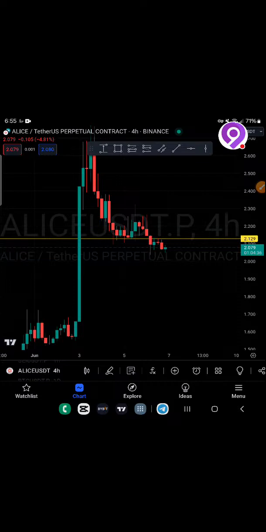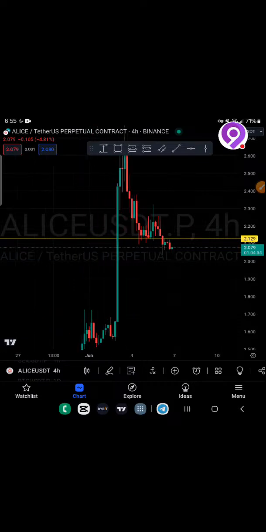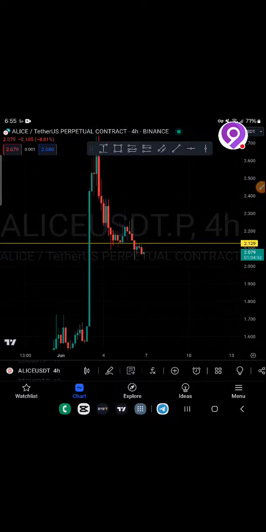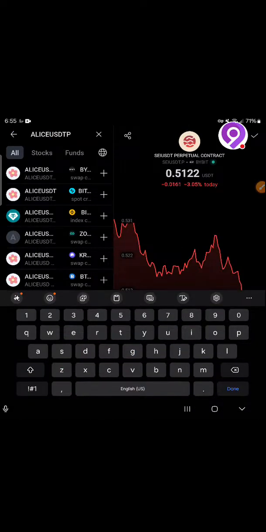It's not reversing anytime soon. It's still on a downtrend. The only time this coin will reverse is if it closes above 2.129. If any candle closes above 2.129, then the coin might probably pump. So let me add this to my watch list.